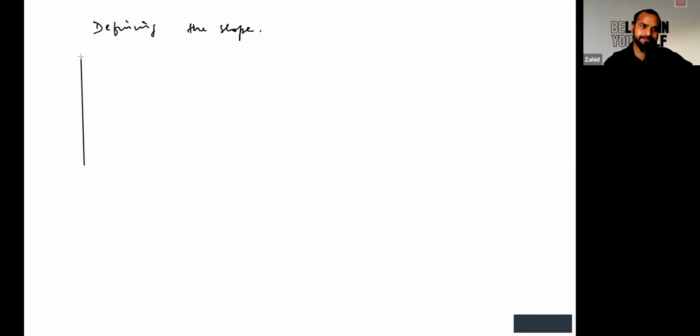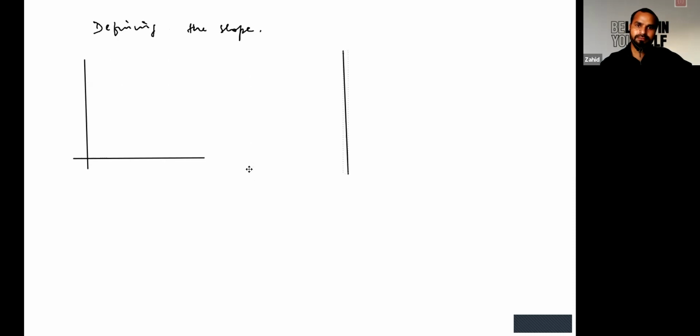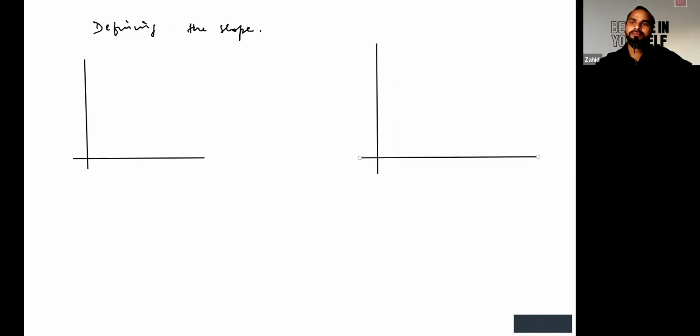If suppose there is a line which is parallel to the x-axis, there is a line which is along this.